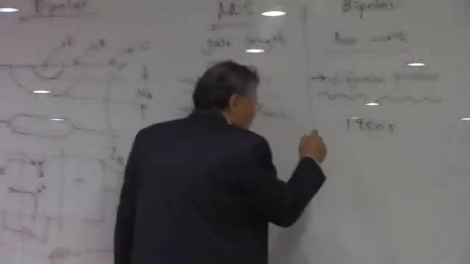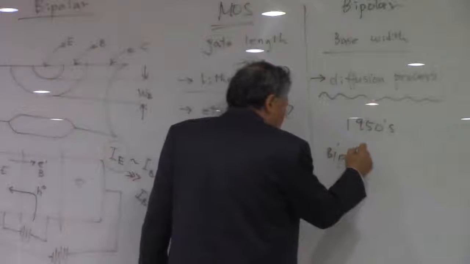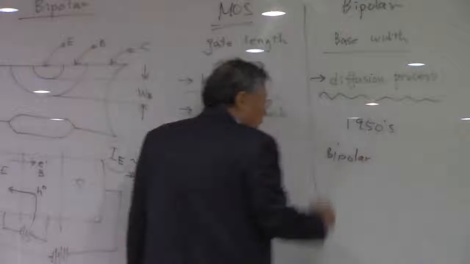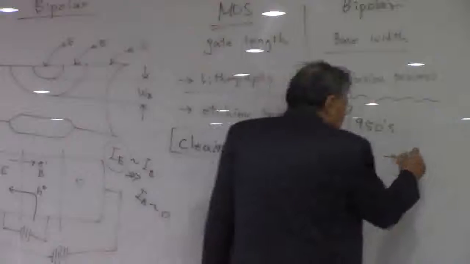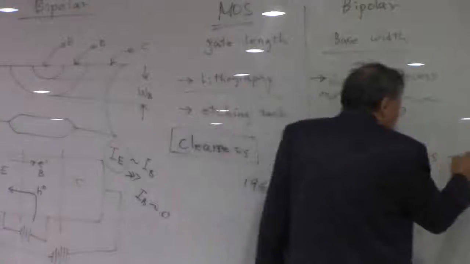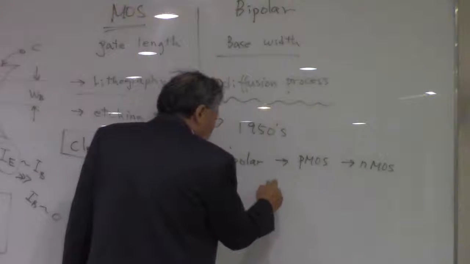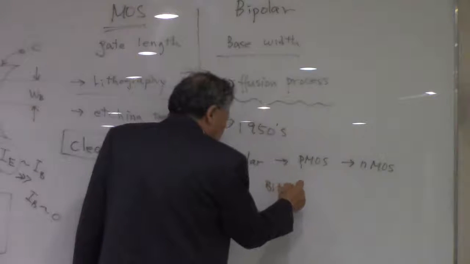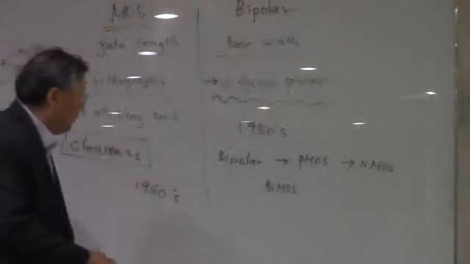So first, the bipolar transistor appeared in the market, and then we had a PMOS in the market, and then we had an NMOS in the market, and then we have a BiMOS. We call this a BiMOS: bipolar and MOS at the same time on the same chip.